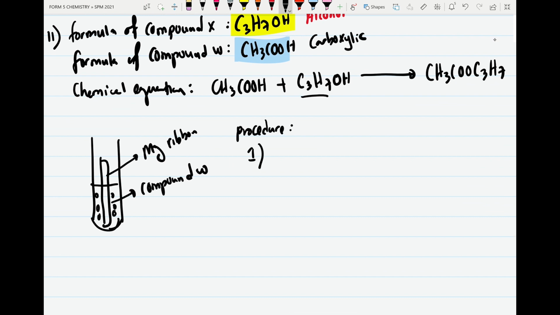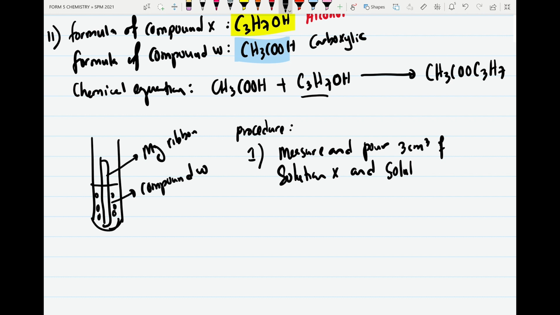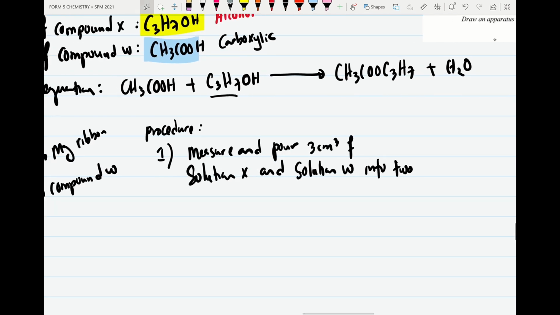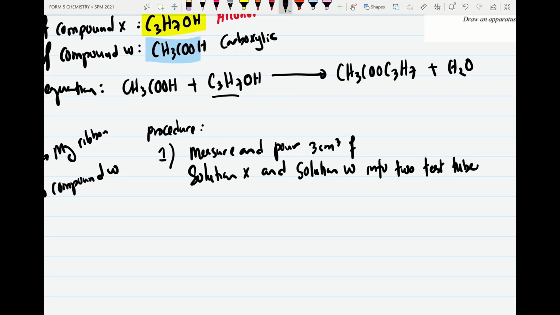The first point, we measure and pour 3 cm3 of solution X and solution W into 2 test tubes.